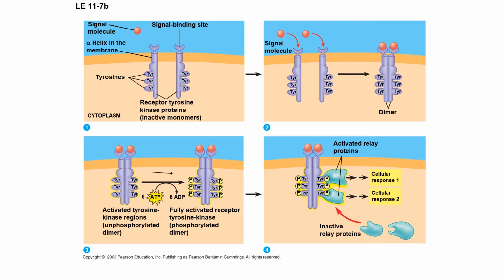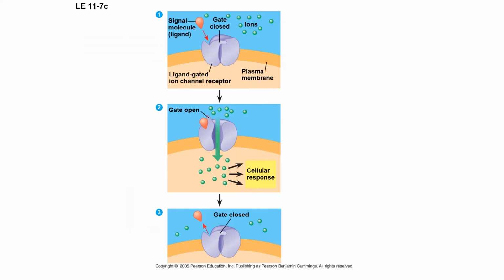So this is from a G protein. And so you have these signal molecules that can bind to the receptor, or you can have this signal molecule open or close gates, allowing those ions to move in or out. So that's the receptor part.